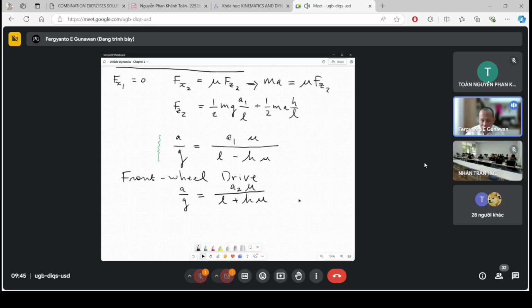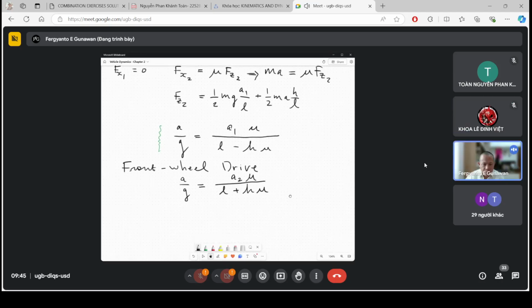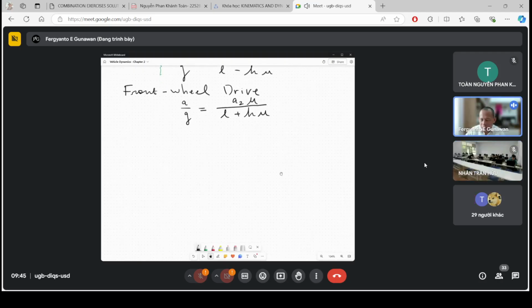But although you have these accelerations, it's very important to discuss the stability condition. This is a very important part.